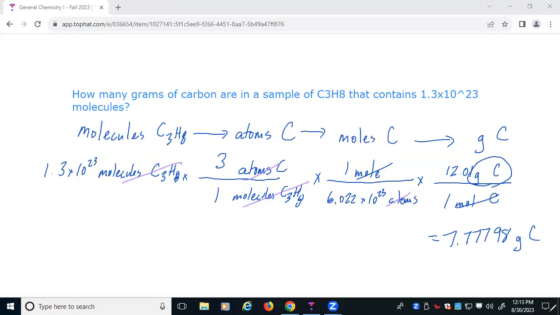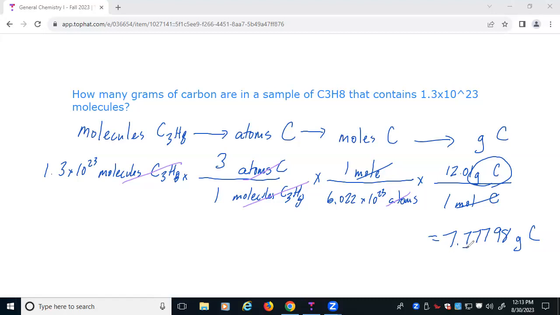Now, all of our other numbers here are either exact, there are exactly 3 carbon atoms in every molecule, or they contain more digits than the 2 that I started with. And since rounding always goes to the weakest, least precise measurement, 2 is the number of digits in that measurement. So 2 is the number of digits we round to.